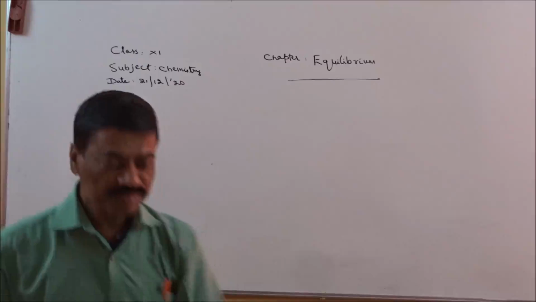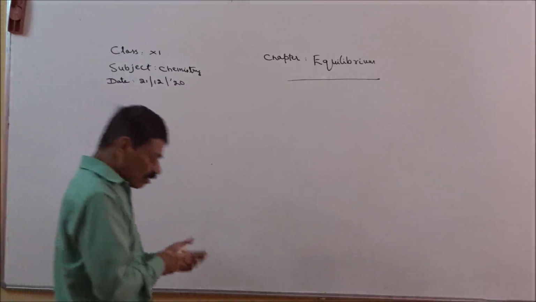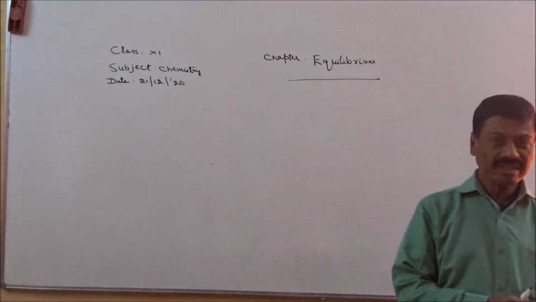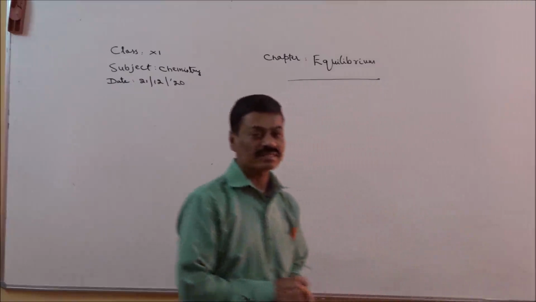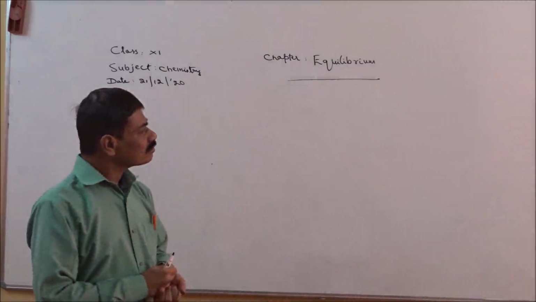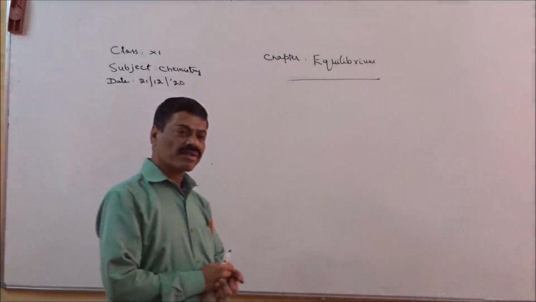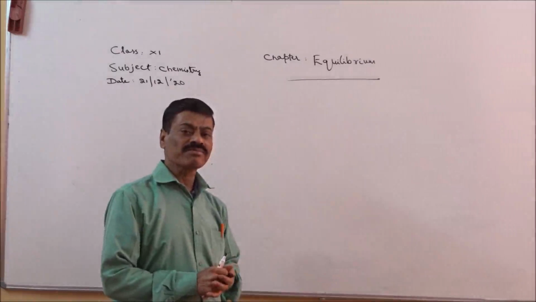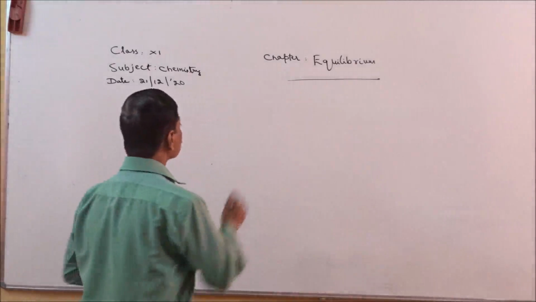Now we will move to the third important concept, that is equilibrium constant, and that will be followed by the different factors, how they are going to affect the equilibrium state. Right?